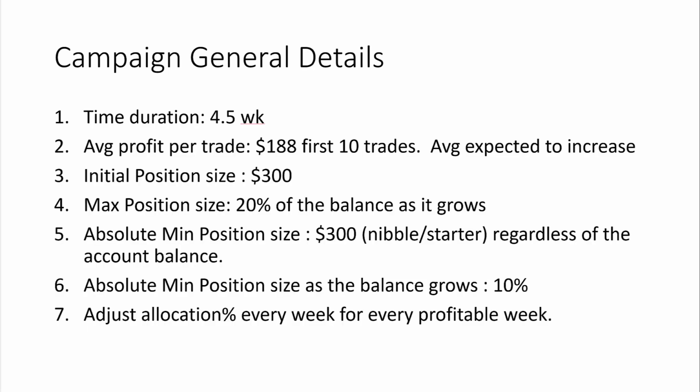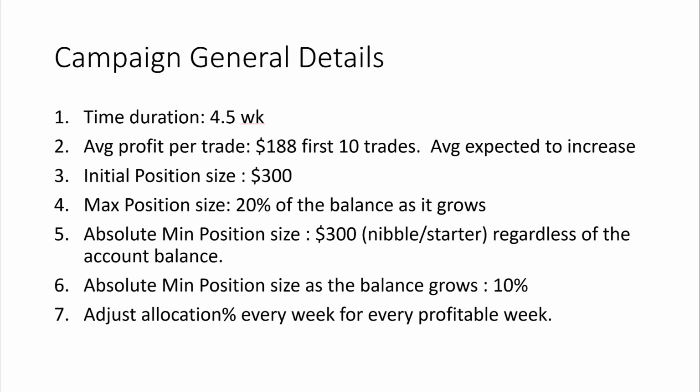Okay, so the campaign general details is basically like any video game. There's going to be a number of levels. So here, our levels are going to be defined by the time duration. Obviously, we're not going to live forever, but in a campaign, we want to just test it out, or not only test it out, but give a time allotment. So we'll use 4.5 weeks.